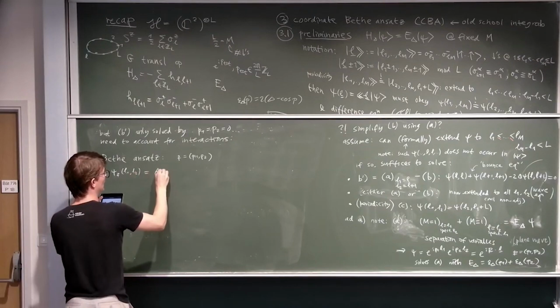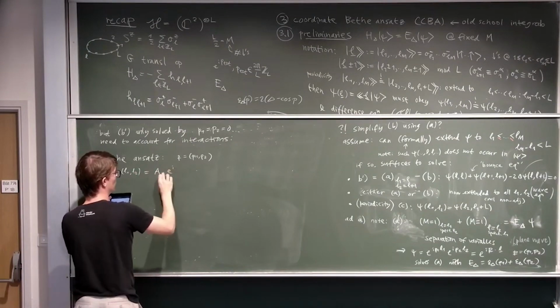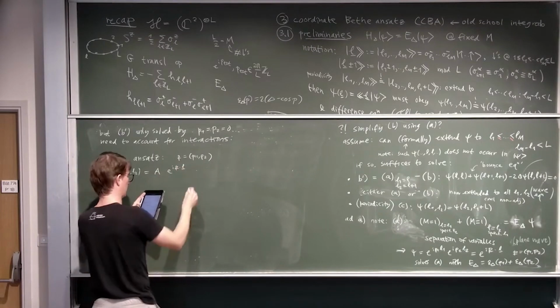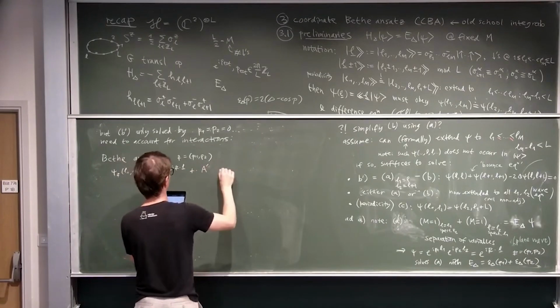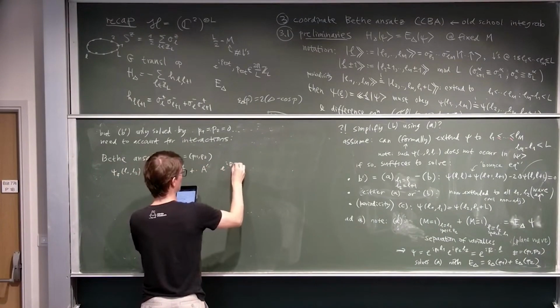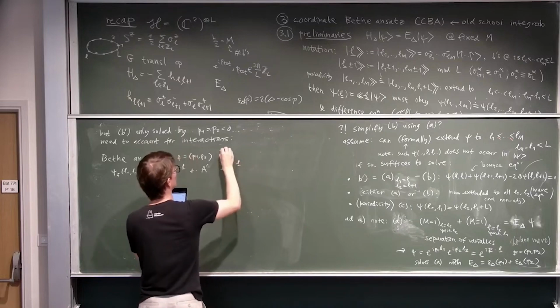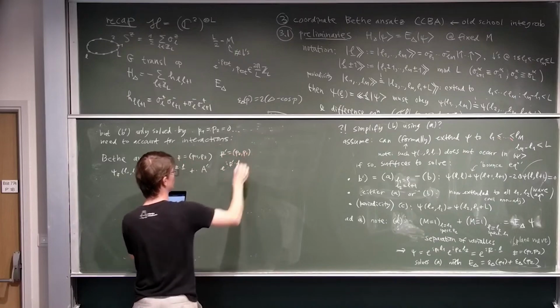And we're going to just take a linear combination of e, leave a little bit of space here, to the i p dot L. And then another coefficient, again leave a little bit of space, e to the i p prime dot L, where by p prime I just mean the p swapped, so p2, p1.